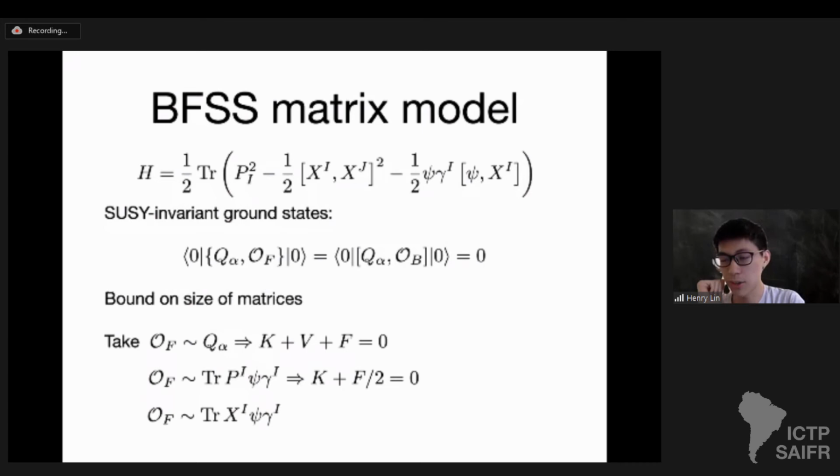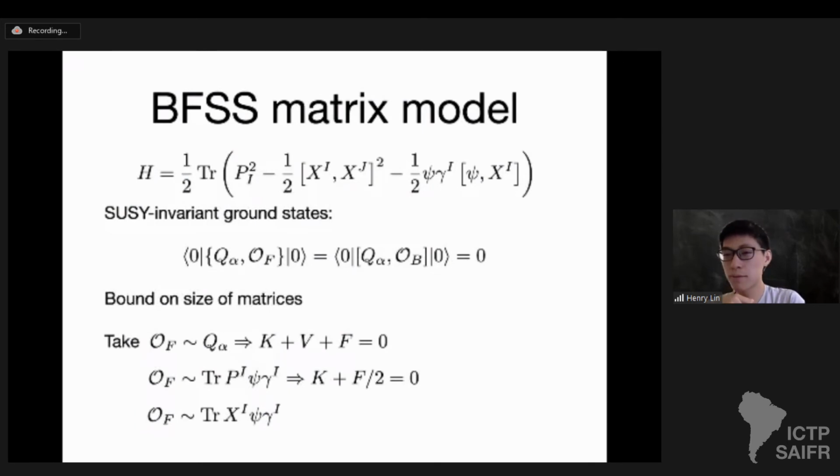So you would like to use that the anti-commutator of the supercharge with any fermionic operator is going to be 0 on expectation. If you choose the fermionic operator to be the supercharge itself, you of course just get the constraint that the Hamiltonian is 0 on expectation.